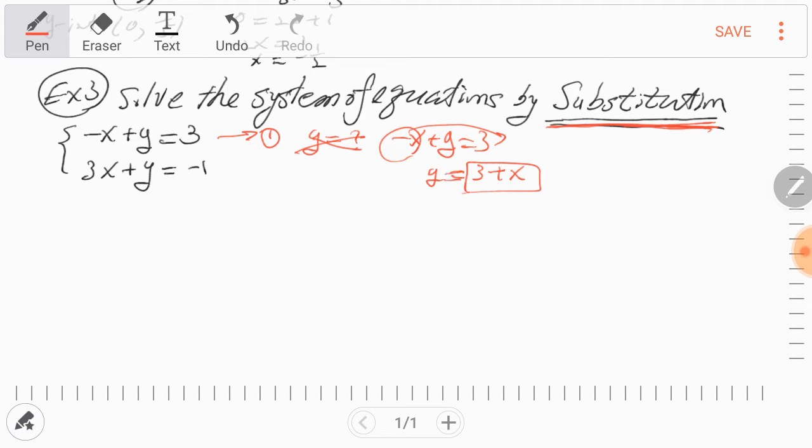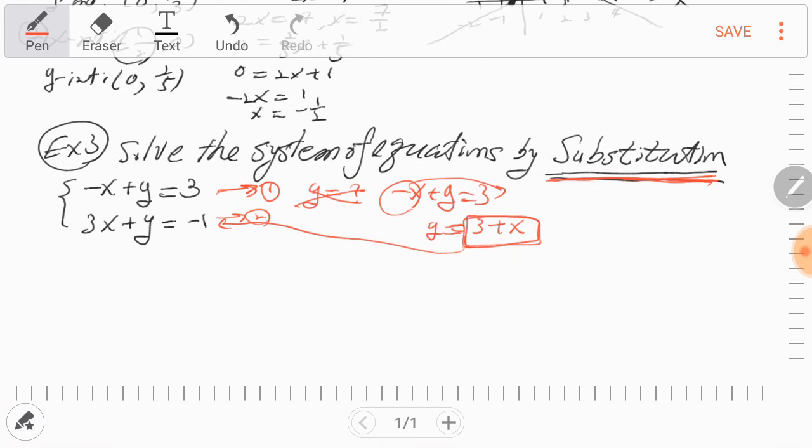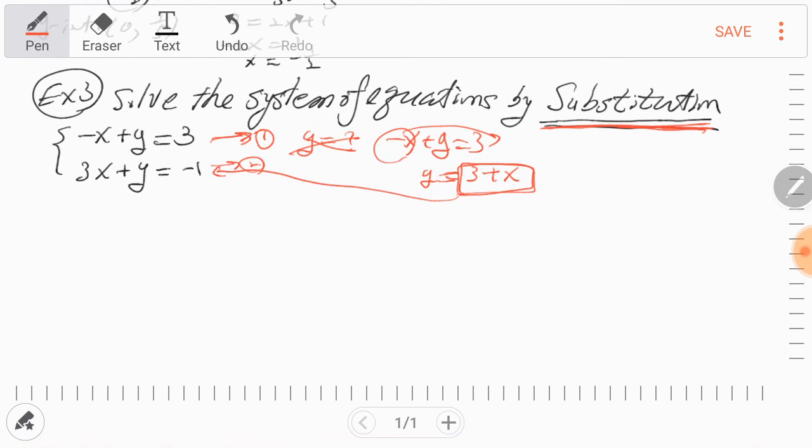And substitution means I will substitute this expression for y in the other equation, which is the second equation. So from the first equation, in this case, I solved for y. So we have an expression for y, 3 plus x, and replace this y in the other equation with 3 plus x.